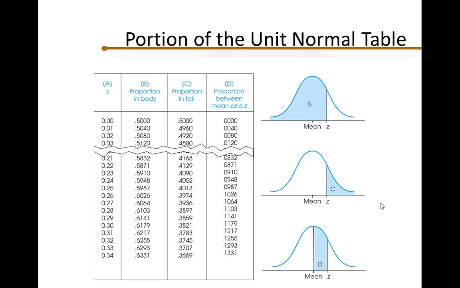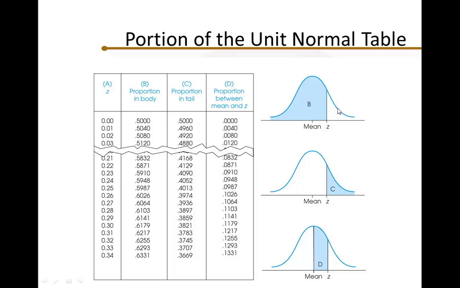So here's an example. If I know I have a z-score of 0.25, here is how you interpret this table. The proportion in the body is always the largest area. So this is the body, this is the tail, and this is the proportion between the mean and the z.